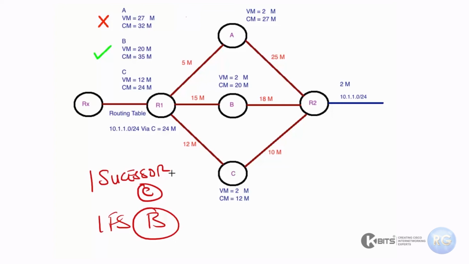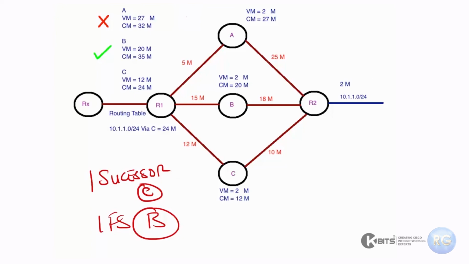The feasible successor is placed in the topology table, the successor is placed in the routing table, and then it calculates. If C drops, what happens?